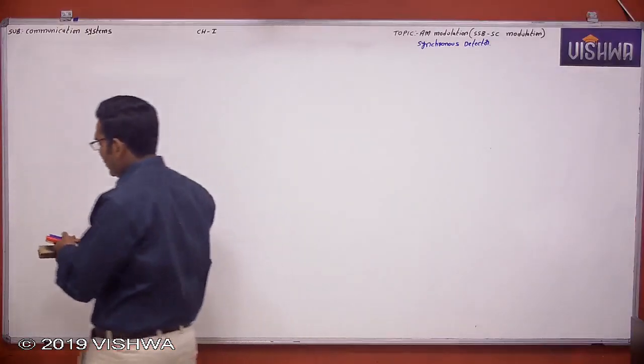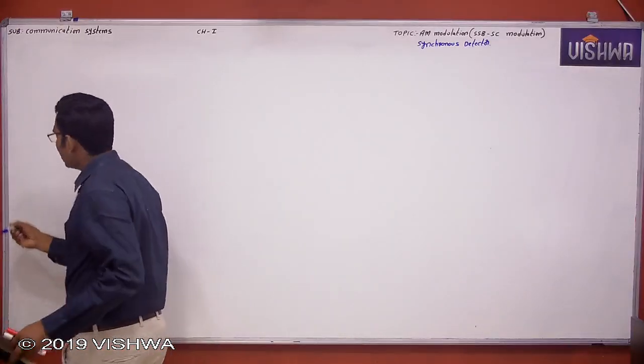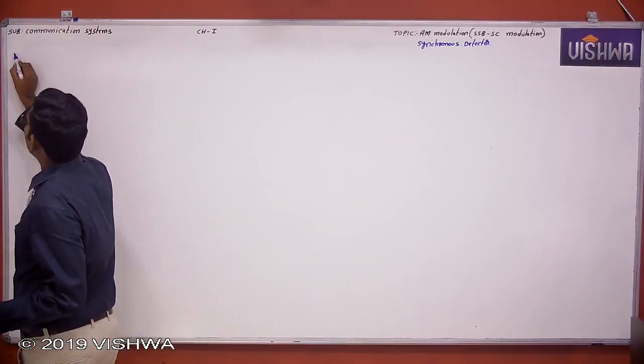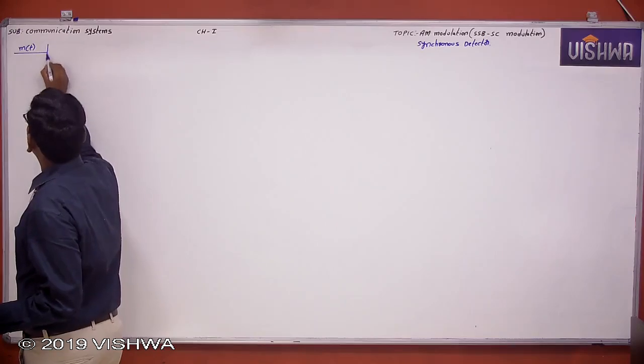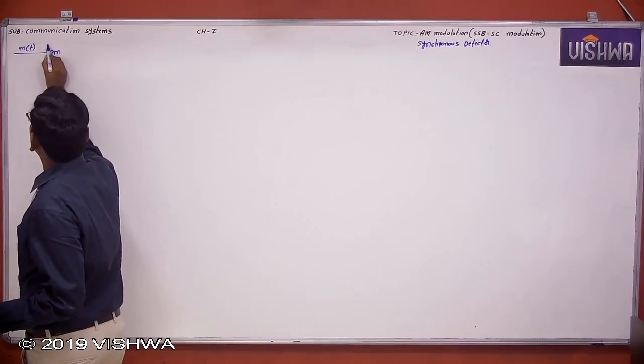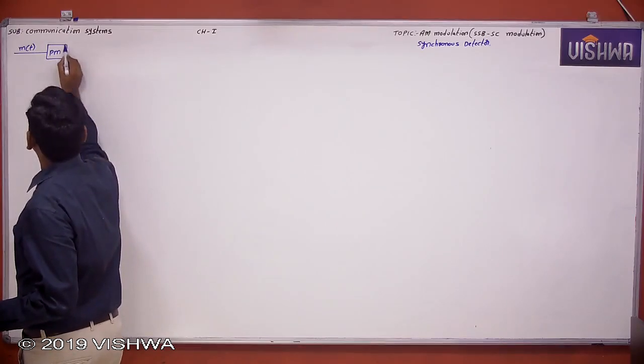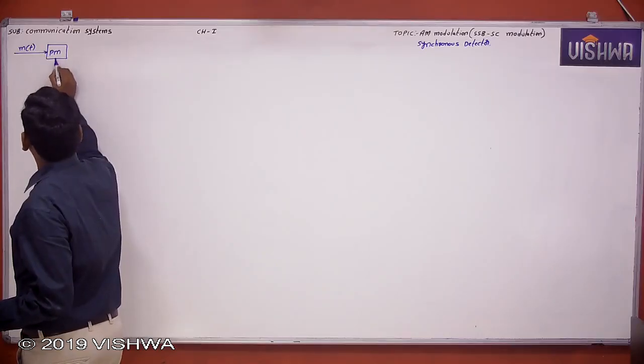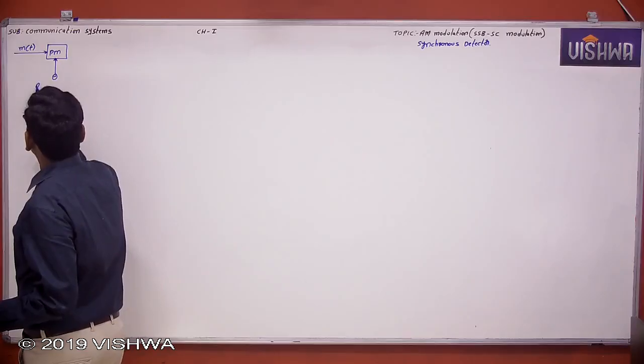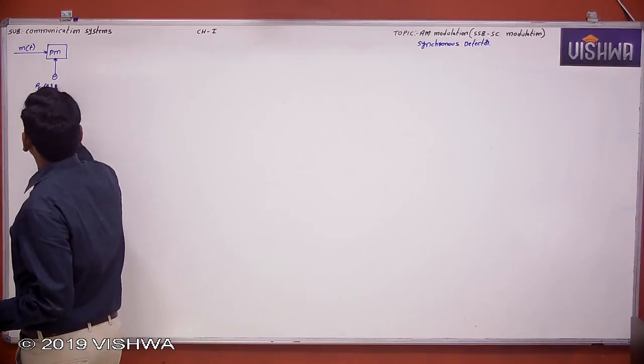Now just see the transmitter portion first. Synchronization, right? Now this is m(t), product modulator or balanced modulator, A_c cos 2 pi f_c t.